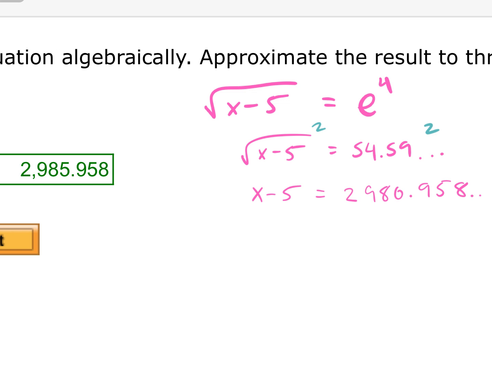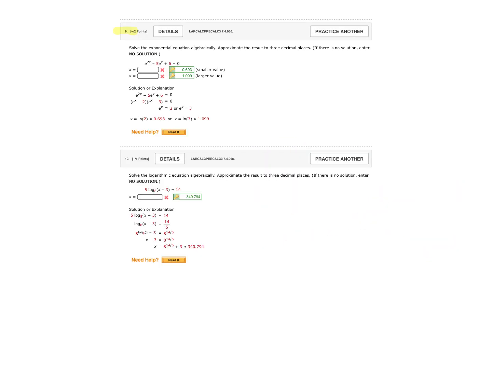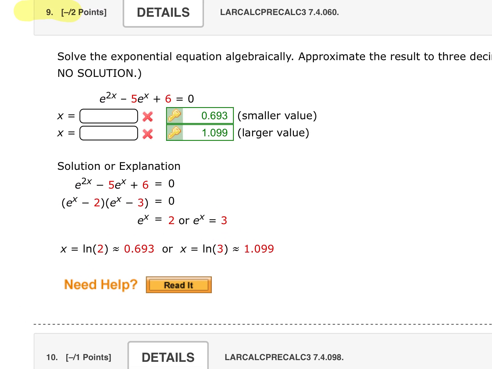It keeps going, but just leave it in your calculator. And then we can add 5 to both sides. So x is equal to 2,985.958. What would we need to do for something like 9?